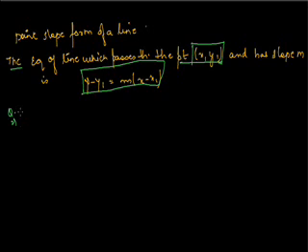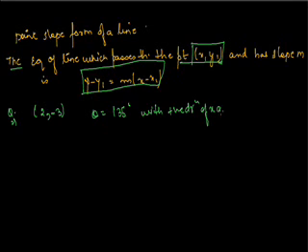Starting with the question: find the equation of the line which passes through the point (2, -3) and makes an angle of 135 degrees with the positive direction of the x-axis. So this will be y minus y1 is equal to m times (x minus x1). Here this is x1, this is y1.